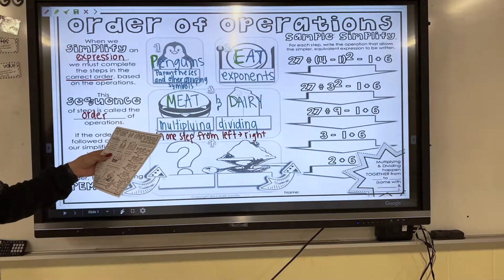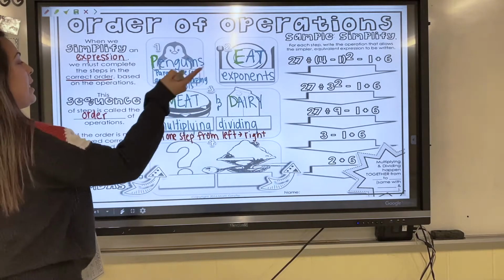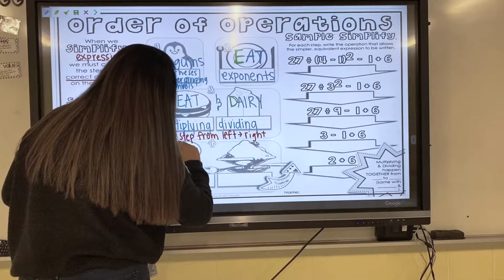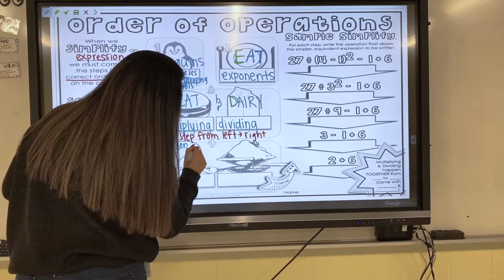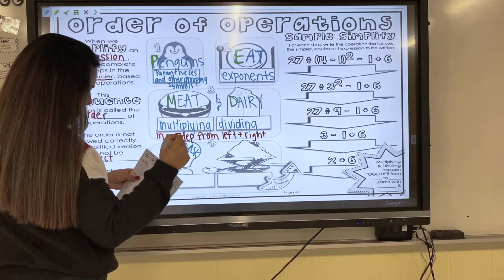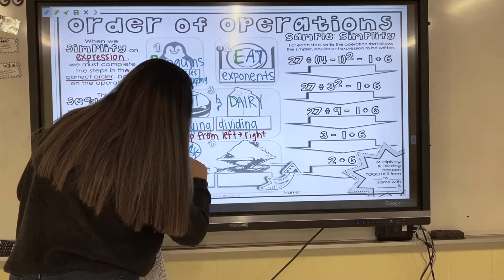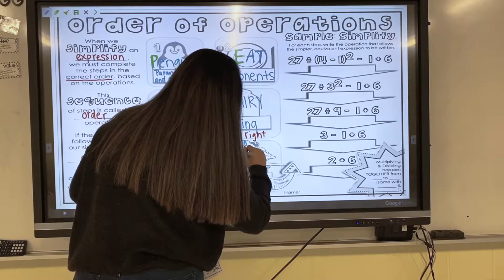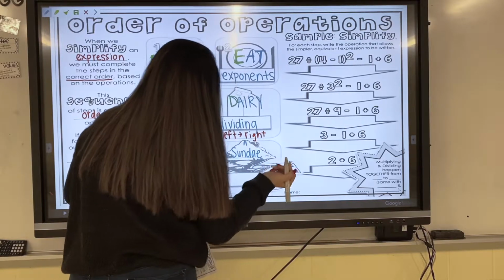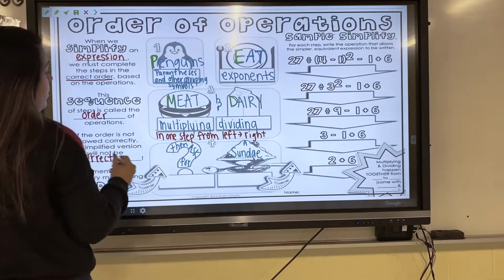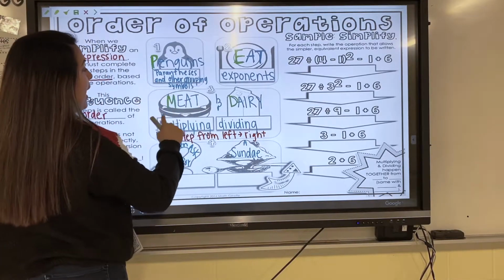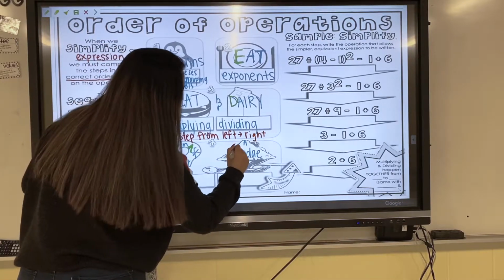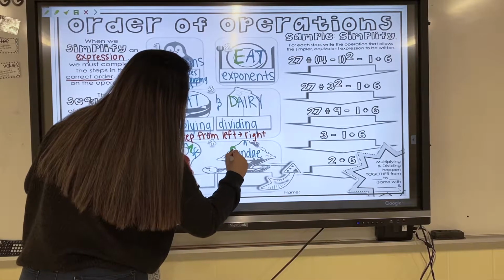All right, and then the next one says, so we have penguins eat meat and dairy, then ask for a sundae. So we have PEMD, then we have our A for ask, and then S for sundae.